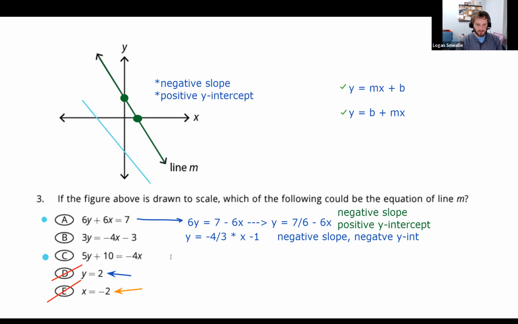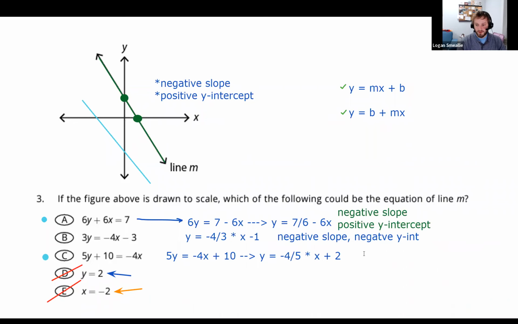And then C, just to confirm, let's see, I got to move that 10 over there. 5y equals -4x plus 10. And then y equals -4/5 x. I hate when typing with fractions is not the most fun math thing to do. -4/5 x plus 2.